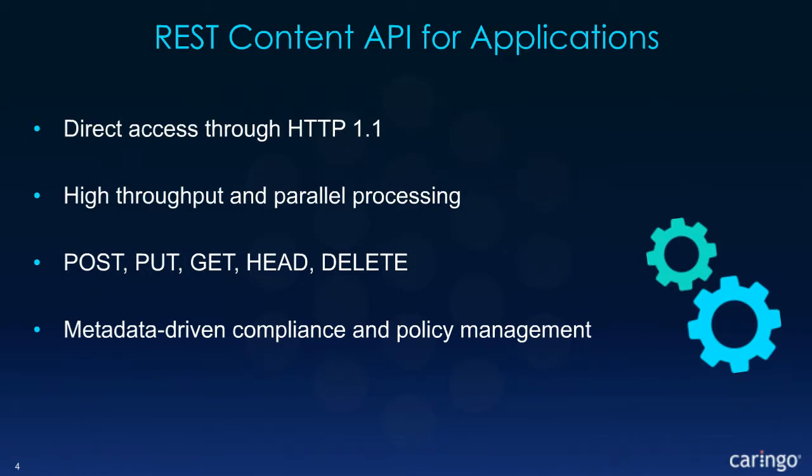Head in that case is interesting because we consider that an info on the object. That's a method that will return the metadata for an object and not the data. So for instance, if you have a 2 GB file and you would just like to see the metadata associated with that object, you can do an HTTP head and it will service the request with the headers, or the metadata, from that object.